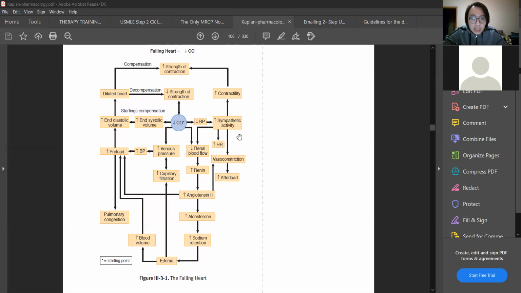You'll still see an increase in your heart rate, but it cannot keep up with the increase in oxygen demand. Because of this, there is a very high risk for arrhythmias, especially fatal arrhythmias, which are ventricular fibrillation and VTach, ventricular tachycardia.